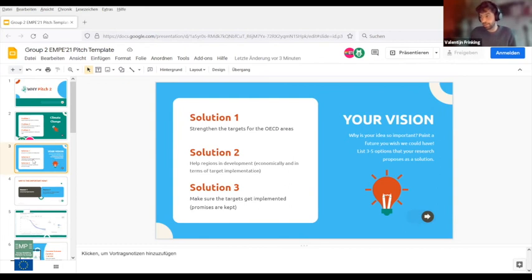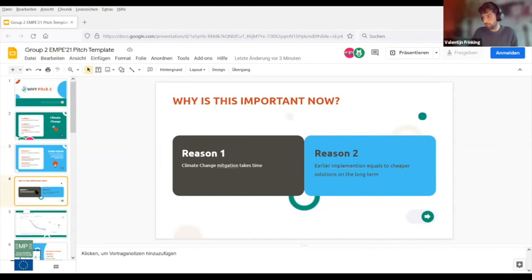And solution 3 is that we need to make sure that those targets really get implemented and that the promises are kept. So you ask yourself, why is this important now? Well, reason 1 is that climate change mitigation takes time. So therefore we need to act now. Otherwise we're just too late and there's no turning back.